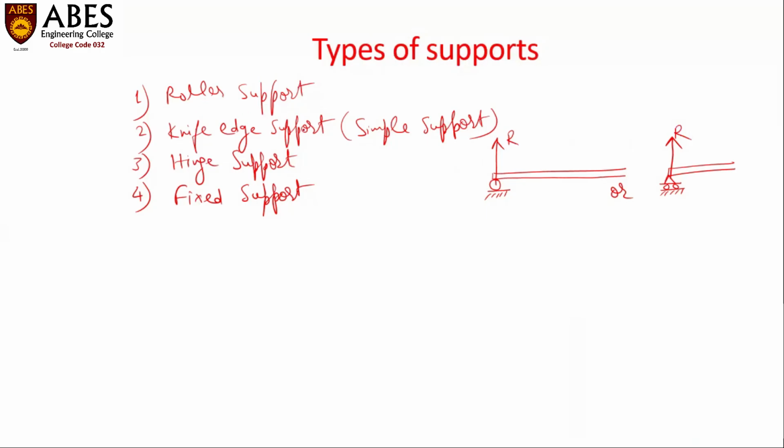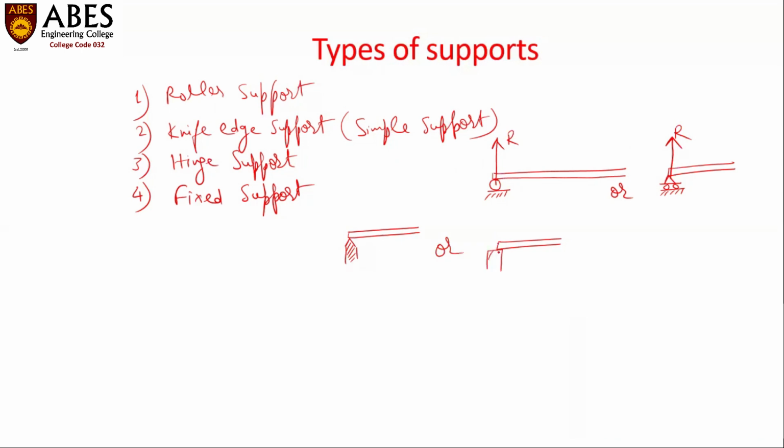Next one is the knife edge support. The knife edge support is shown like this. A beam is just kept on a knife edge, or you can say sharp edge. Sometimes it is shown like this, or it is also shown like this.